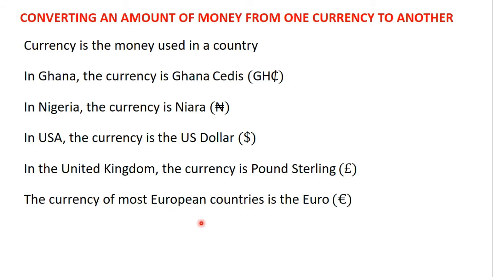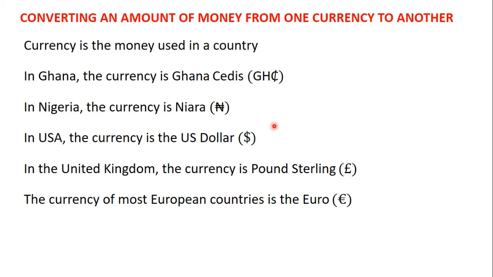In most European countries like Italy, Germany, and Spain, their currency is the euro, and this is the symbol of the euro. So, the money used in a particular country is referred to as the currency of that country.